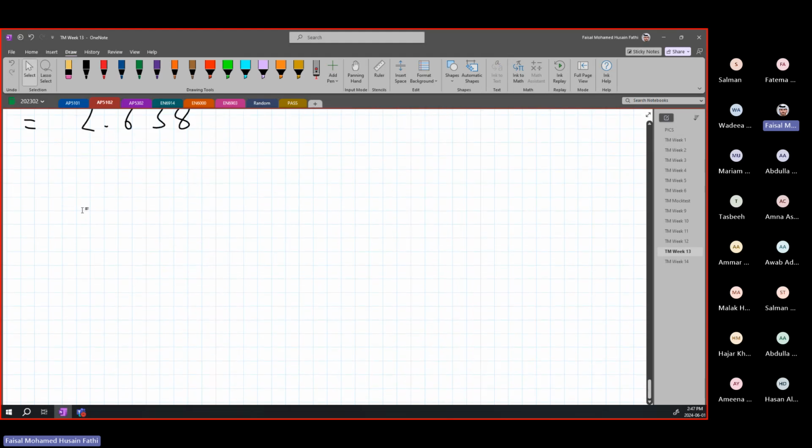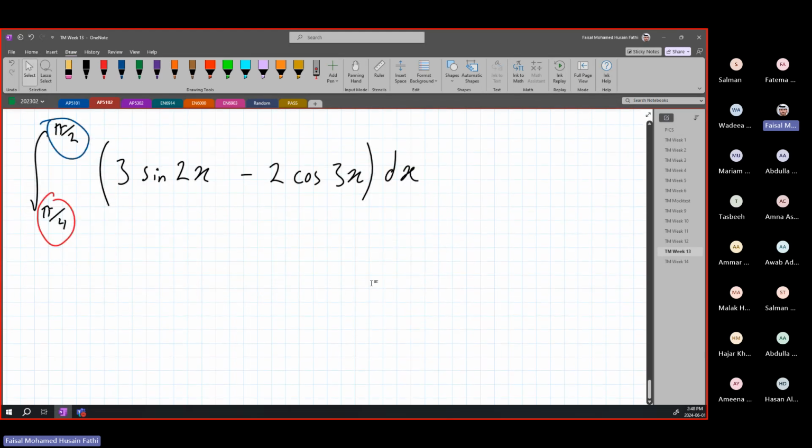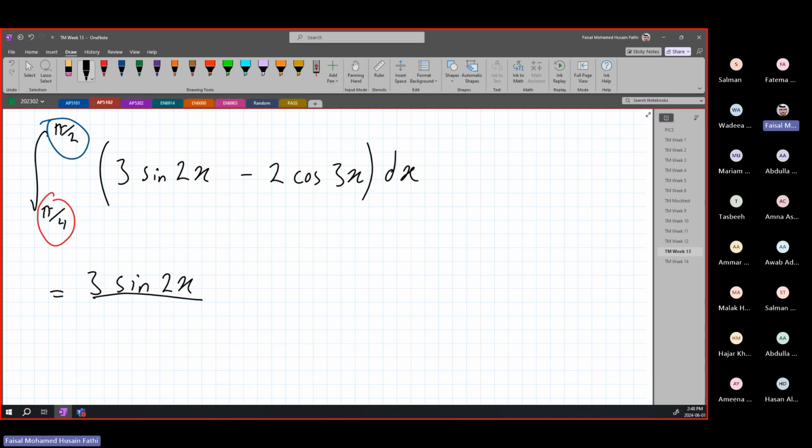But let's say we want to solve this directly, without separating the integration and all of that. We can do that. If you're good with integrations, you can do that. So what are you going to do? You're going to say that this is equal to 3 sine of 2x divided by 2, minus 3 cosine. This is going to be minus 3 cosine actually.